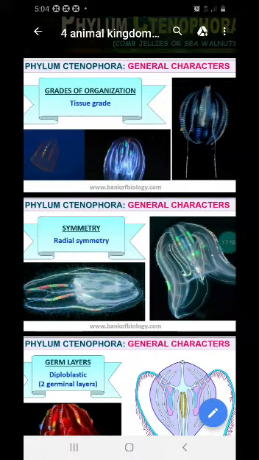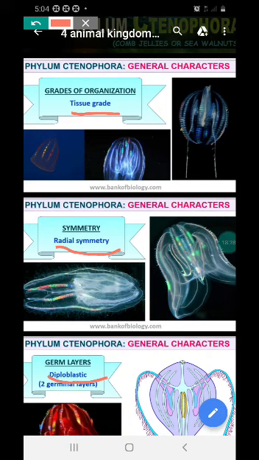Next is the phylum Ctenophora. Now the ctenophorans also possess a tissue grade of organization. They have radial symmetry. I need not explain radial symmetry again. They are diploblastic. Okay, right. And they have a special property called bioluminescence. What is bioluminescence, children?